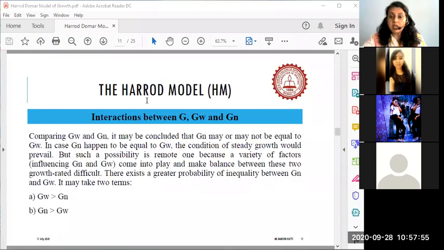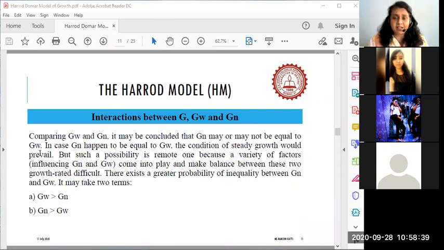Now, what is the Harrod model telling us? Interactions between G, GW, and GN. How are these three going to interact, how are they going to perform in the economy, and what is their role to play? If we compare GW, the warranted rate of growth, with the steady state of growth, that is the natural growth rate, it can be concluded that the natural growth rate of the economy may or may not be equal to GW.